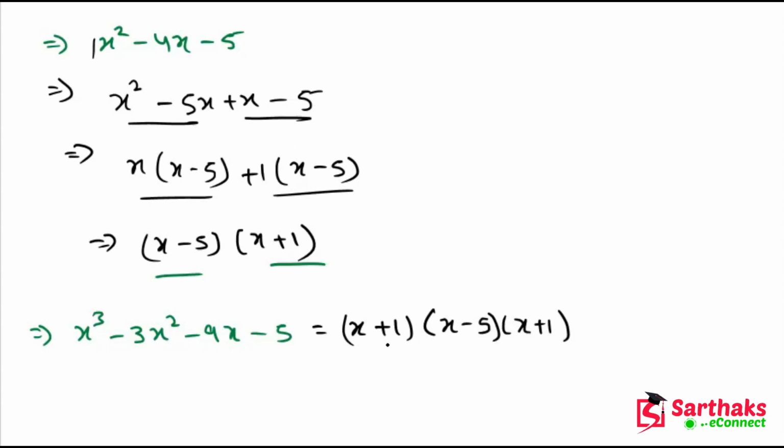Okay, so we have two common factors. What are they? x plus 1 and x plus 1. So we can write it as x plus 1 whole square into x minus 5. So, my dear friends, I hope you understand these things. So this is the method to solve the problems.